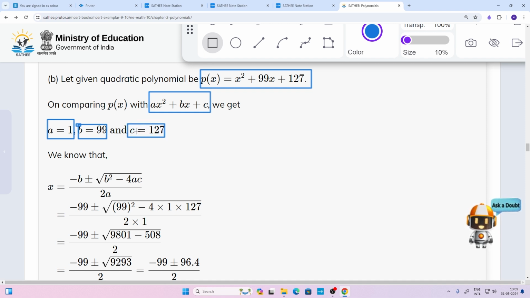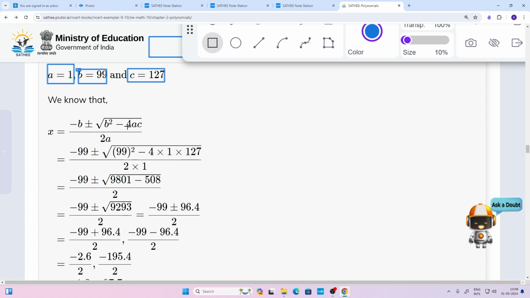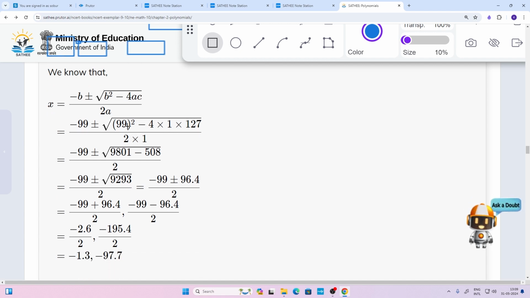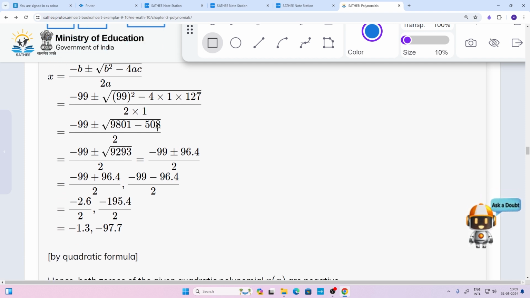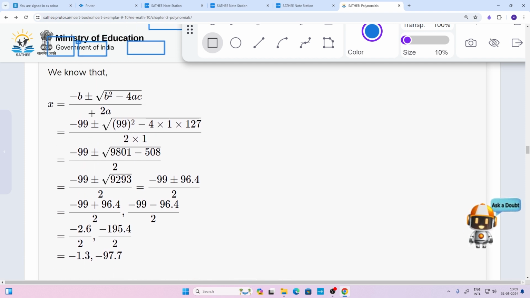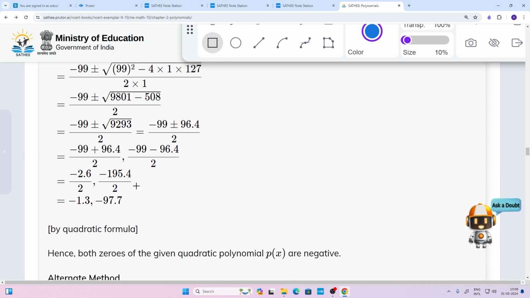And we know that x is equal to minus b plus or minus root of b square minus 4ac, divided by 2a. If we substitute the values of a, b and c in this formula, then we get the values of x as minus 1.3 and minus 97.7.